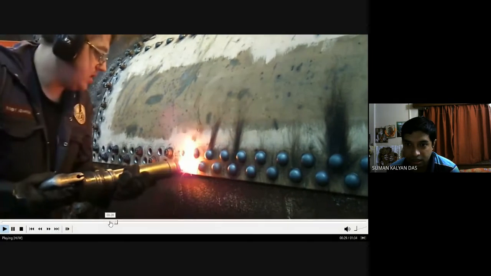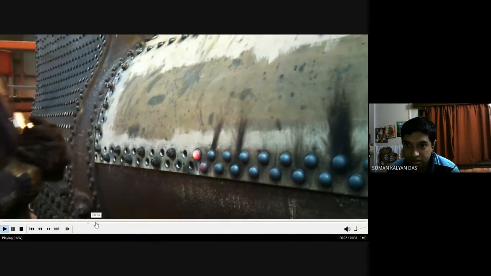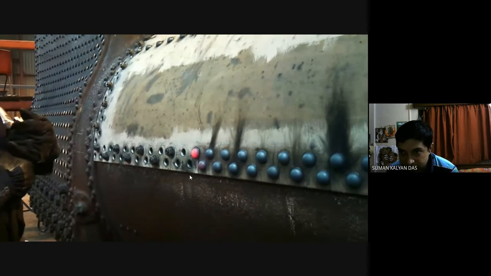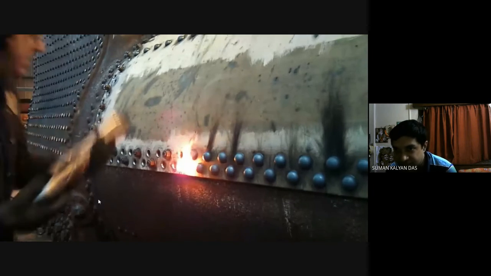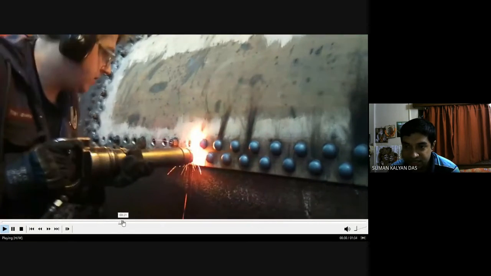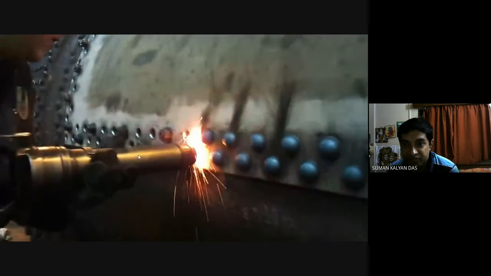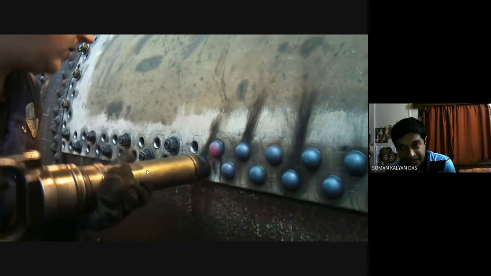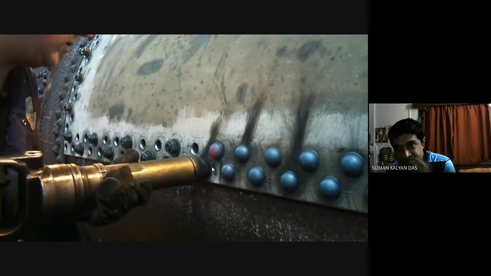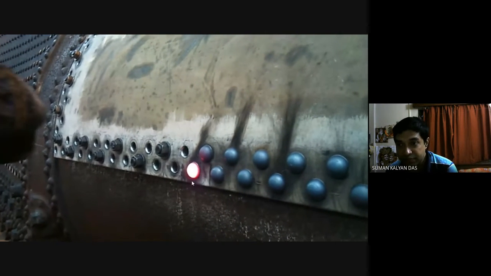So you see, let me show that the rivet is being inserted from the other side. Yeah, you see the rivet is being inserted from the inside. So the person sitting inside is riveting it, and with this device he is providing the impact such that the tail is deformed into this hemispherical shape.